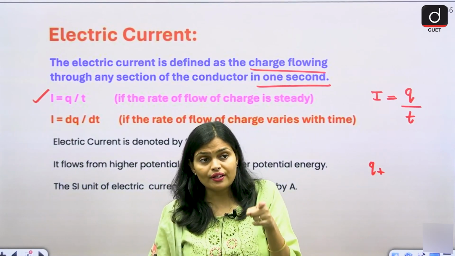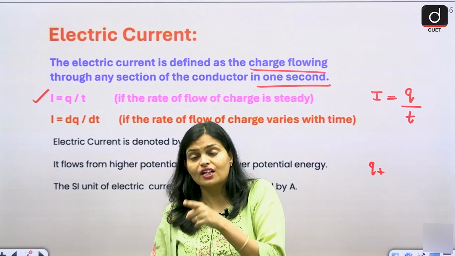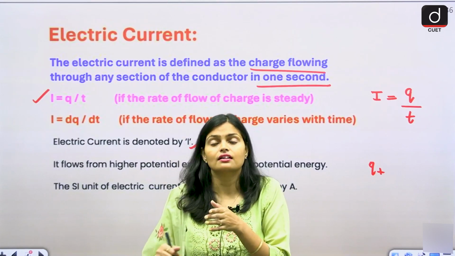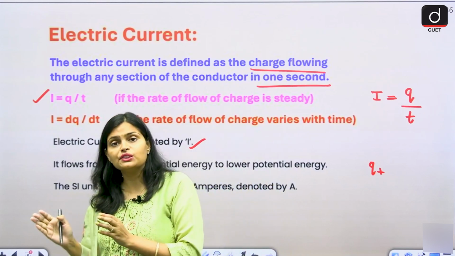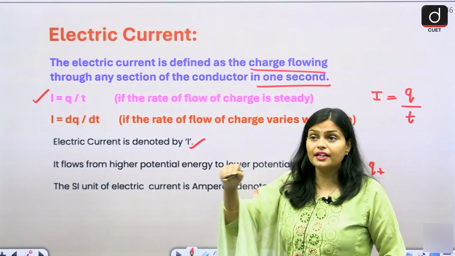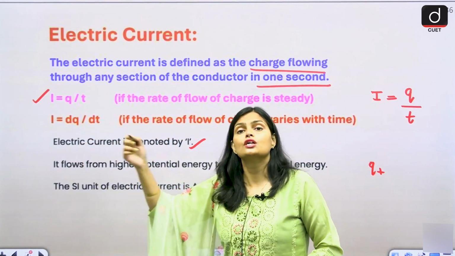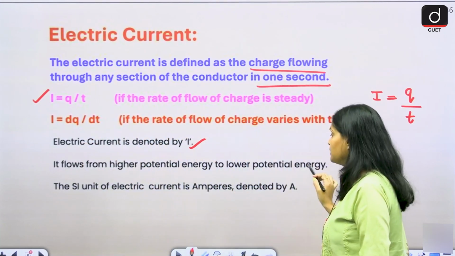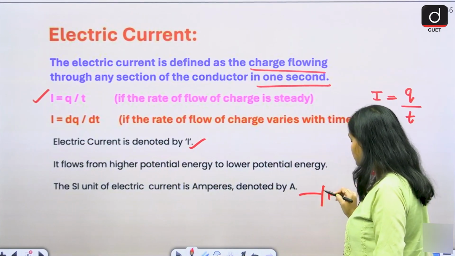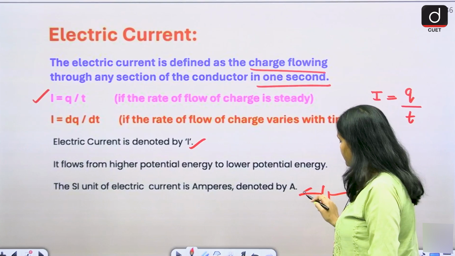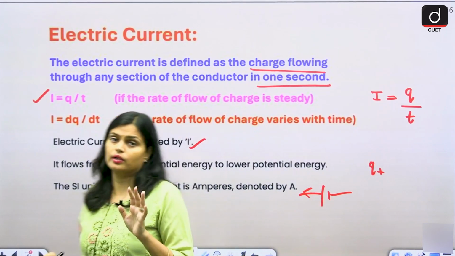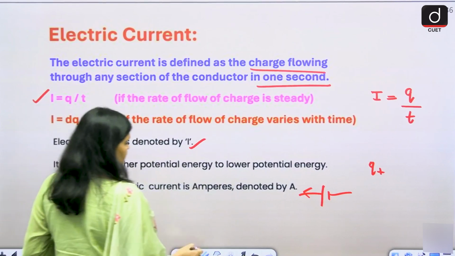Now if the charge is flowing, obviously the potential energy changes. How does it change? The current always moves from higher potential energy to lower potential energy. See, this is the symbol, this is the higher potential energy, this is the lower.